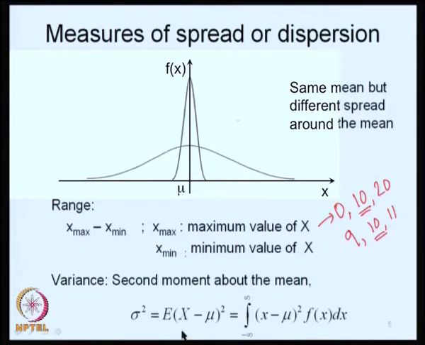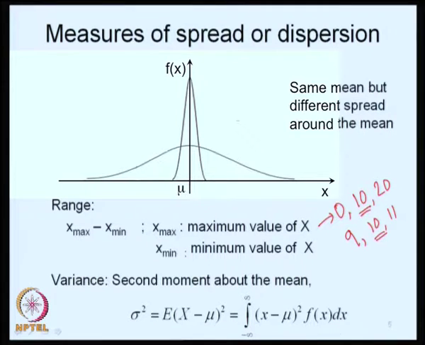So, in this case we are looking at the expected value of x minus mu the whole square, and therefore, this is given by the integral from minus infinity to plus infinity of x minus mu the whole square f of x dx.